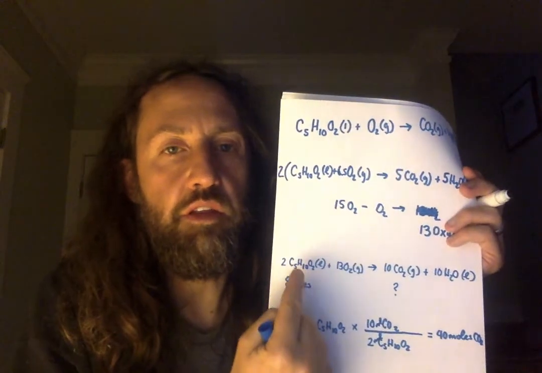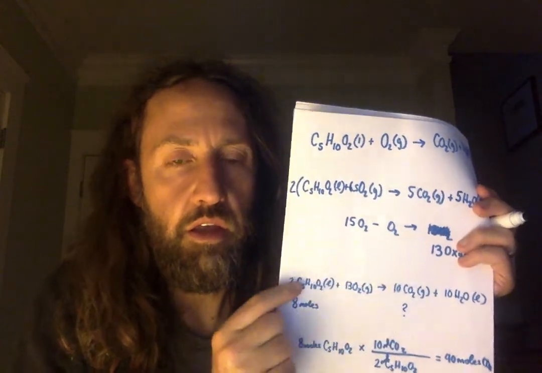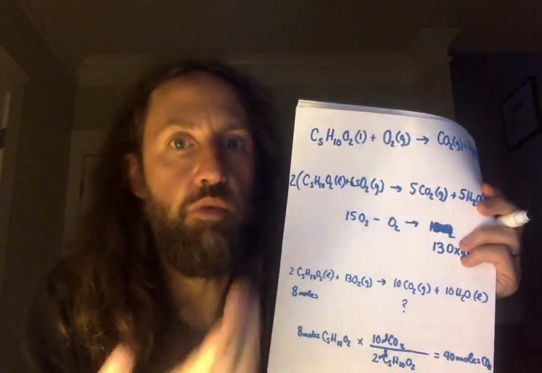So if I start out with 8 moles of the reactant, I get 40 moles of CO2, because you can see that it is a 10 to 2, which is a 5 times ratio, okay? And I think we'll cap this video here, and then I'll show you another reaction, and we can do something different with it.